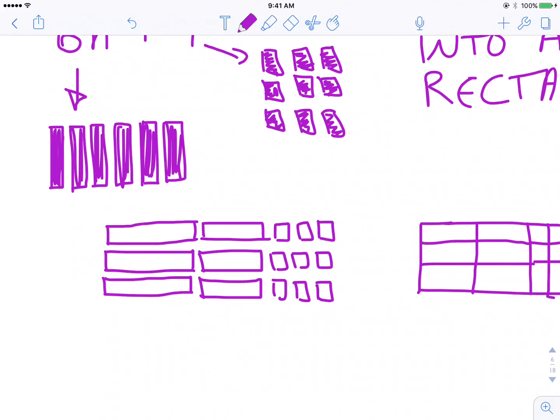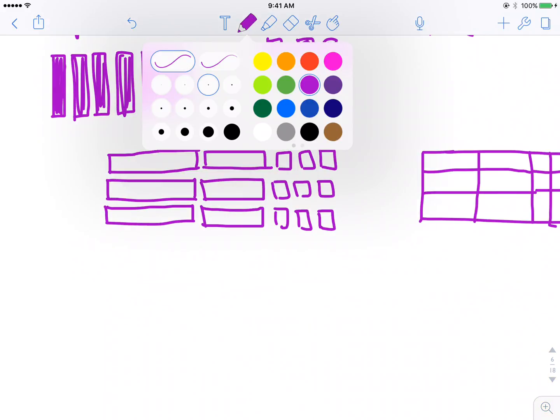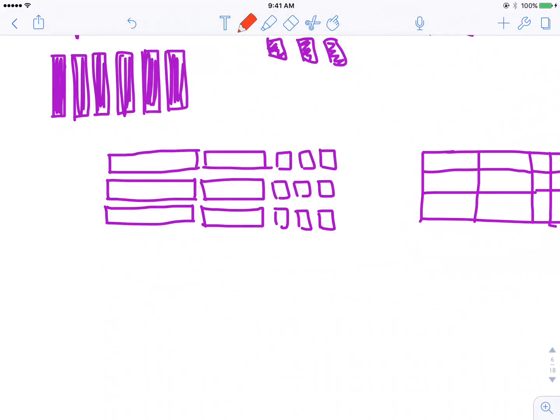But here, I'm showing a little bit of space just so that I can see the difference between each of the tiles. So once I have my algebra tiles arranged in a rectangle, I look at the dimensions of that rectangle, my length and my width. It's those dimensions that tell me the factors of this polynomial.